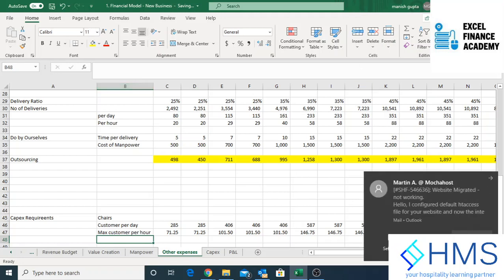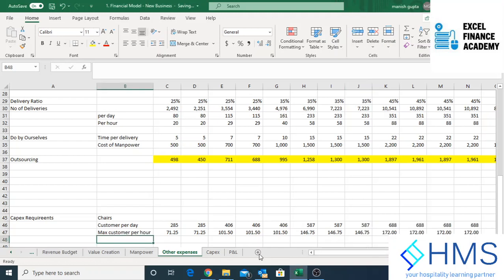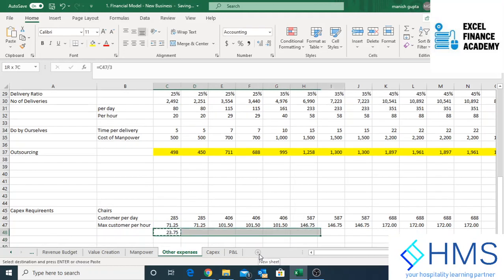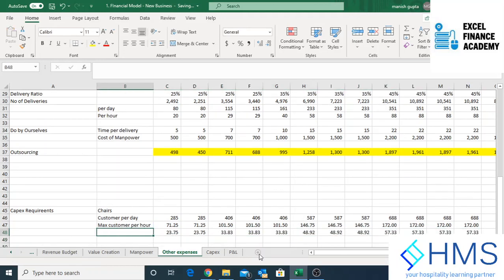So you can say that you're going to be using it for 3 customers per hour. So divide by 3 customers per hour, so you need 22 chairs at a minimum.